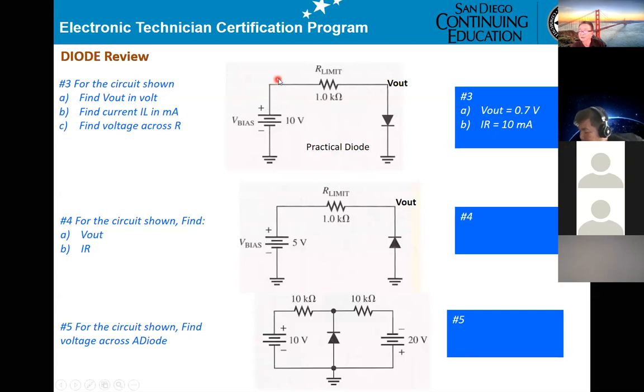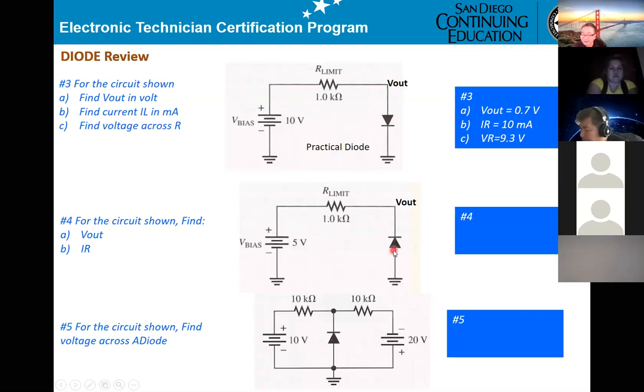The voltage across the resistor here is 9.3 volt. Perfect. Number 4: Vout is 0 volt. The diode will be off, right?